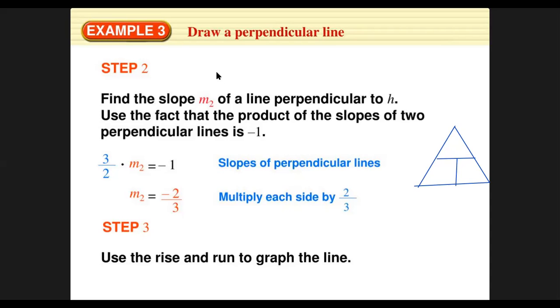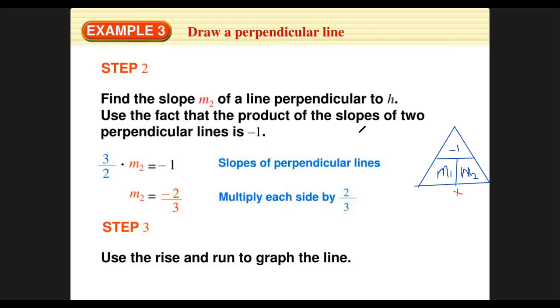We write at the top negative 1, and here we have M1 and M2. If you want to calculate the product, it will be M1 times M2. If you want to find M1, it will be negative 1 divided by M2.